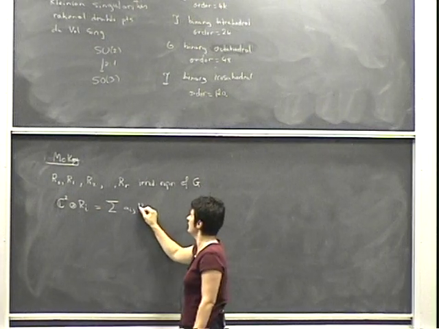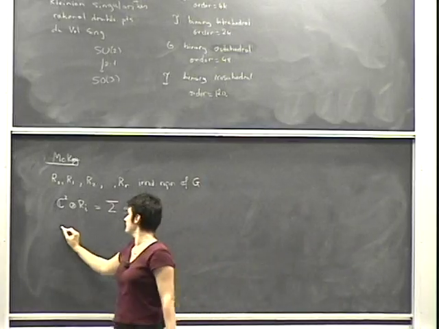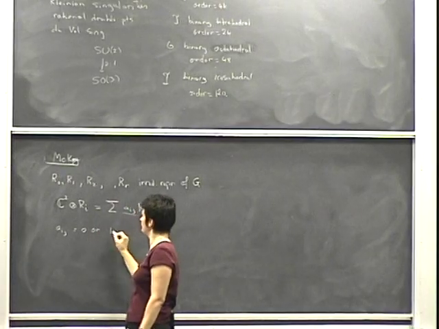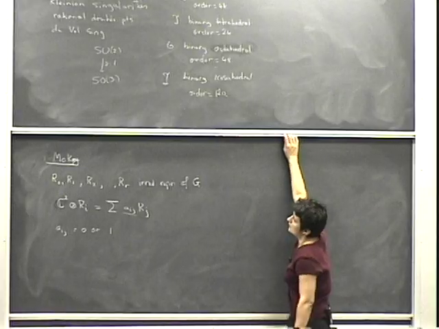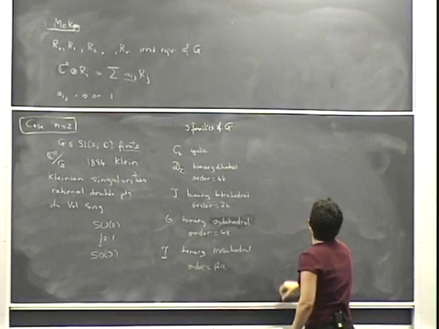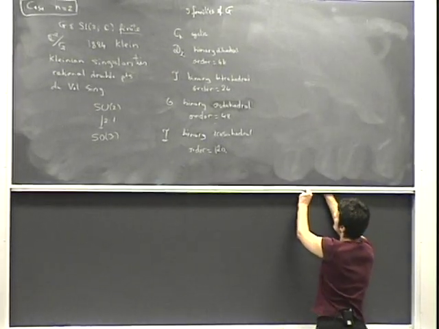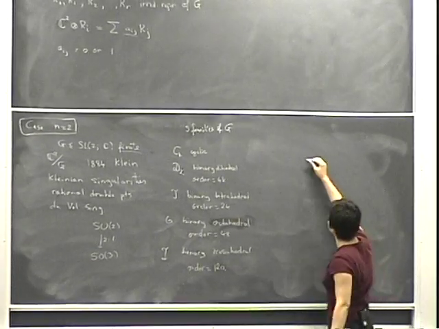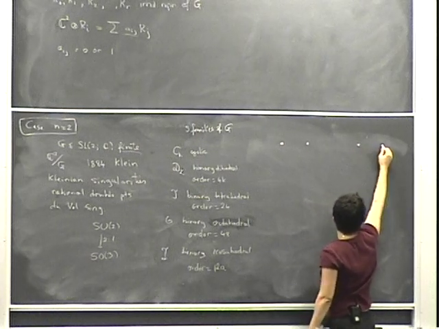So then you'll get A_ij R_j. And what McKay noticed is that A_ij are 0 or 1, so that if you draw a dot for each of the irreducible representations.